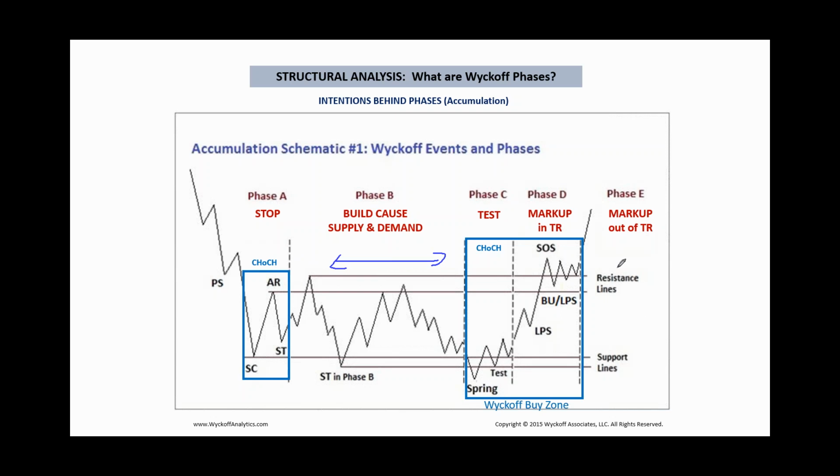Phase D is going to be our first markup phase in the trading range, where the price starts to move in a different way. And this is going to be a change of character, a second change of character in the trading range. We basically want to identify that this rally, a sign of strength rally, is going to be different from any types of rallies that we had prior in the trading range.